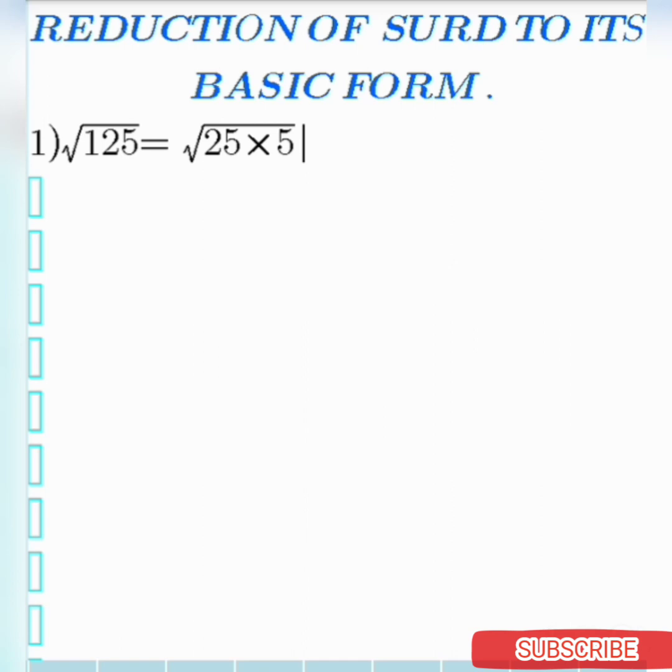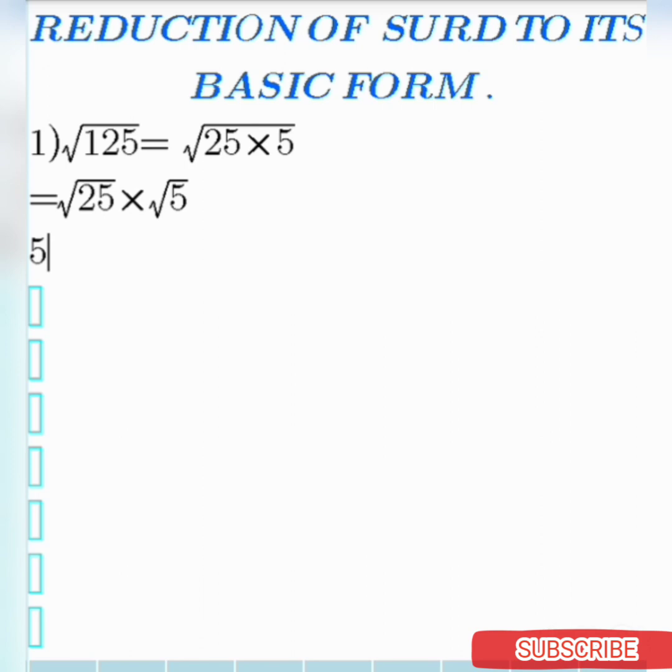And this root 25 can be further expressed. You know that the square root of 25 will give us 5. But if you want to break it in a simpler way, whereby it will be clear for you, you can say this is the same as root 25 times root 5. In this case, you know that the square root of 25 is 5.